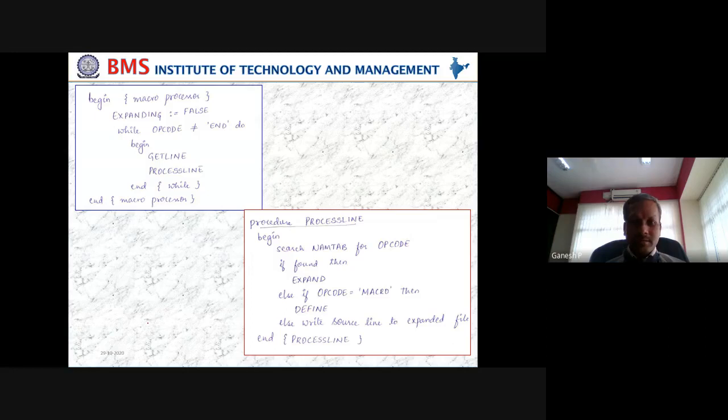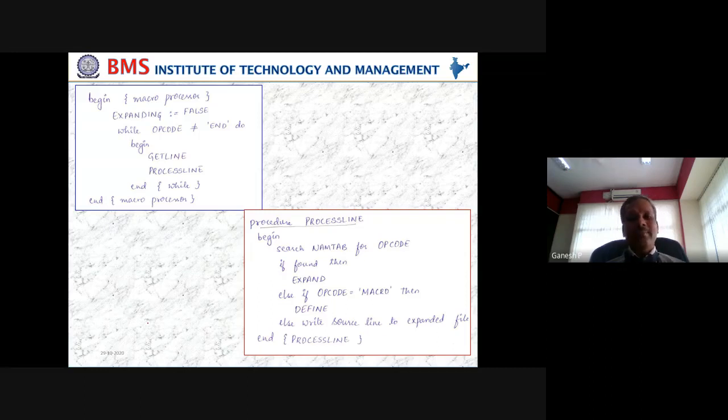Macro definition means you just scan the program. We know it is a 2-pass macro processor. First scan the entire program until you reach the end of the program. So get each line of the program. That line may be a macro definition, maybe a macro call, or any other instruction in the program. And once you get the line, based on whatever line we have received, we have to process it.